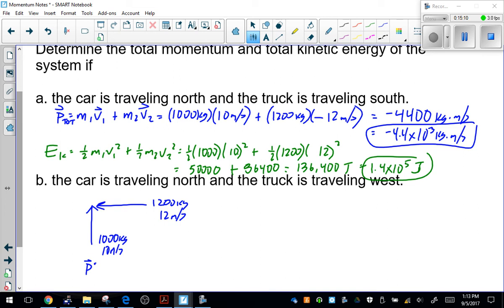So the momentum of this one, 10 times 1,000 is 10,000. Agree with that? The momentum of this one is 12 times 1,200, 14,400. What do I do? Add them up, 24,400? What do I got to do?